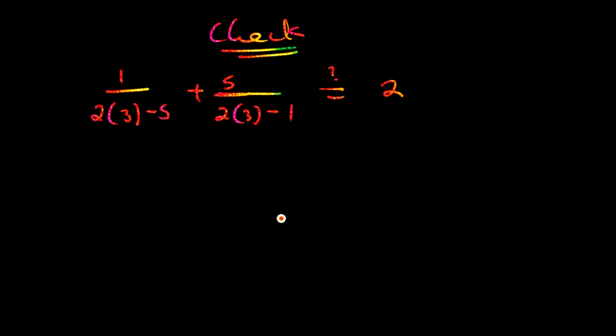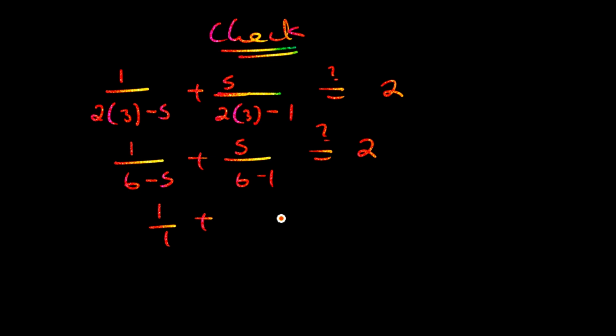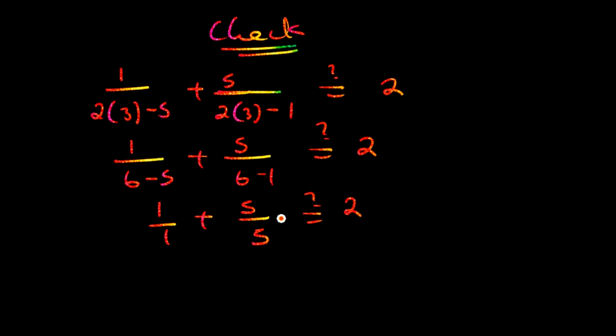So let us simplify this. So we have 1 over 2 times 3, that is 6, now minus 5, plus 5 over 6 minus 1, and we check if that is equal to 2. So 1 over 6 minus 5 is 1, now plus 5 over 6 minus 1 is 5, and we check if that is 2.